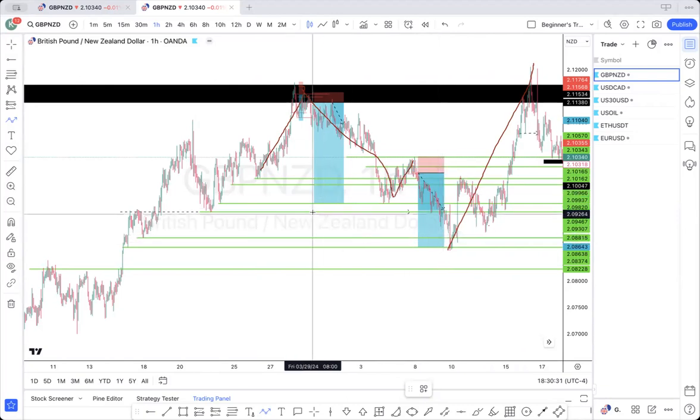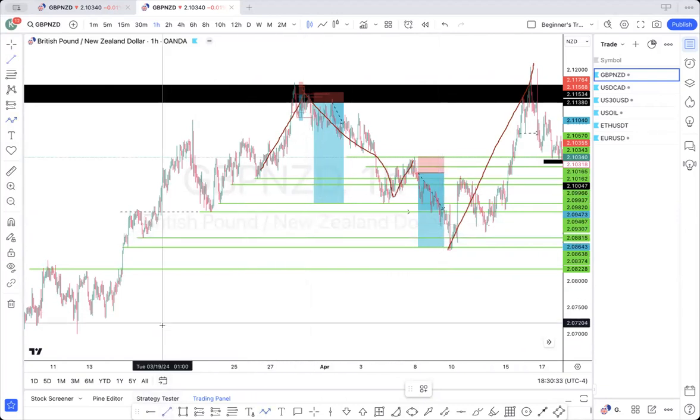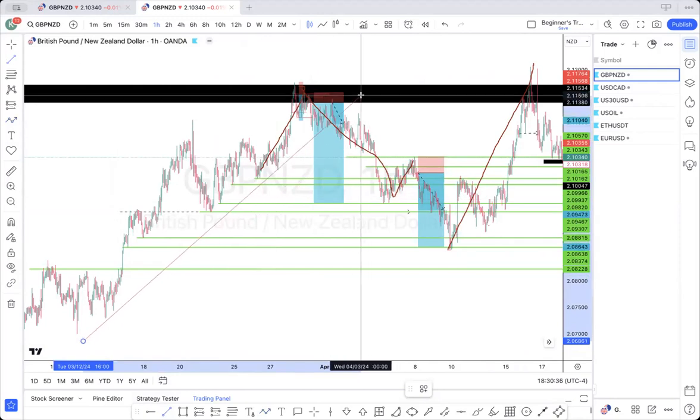Price was going up, right? So what was your last bullish major swing? On the left side, it would be right here, Kim? Nope. Okay, let me see.